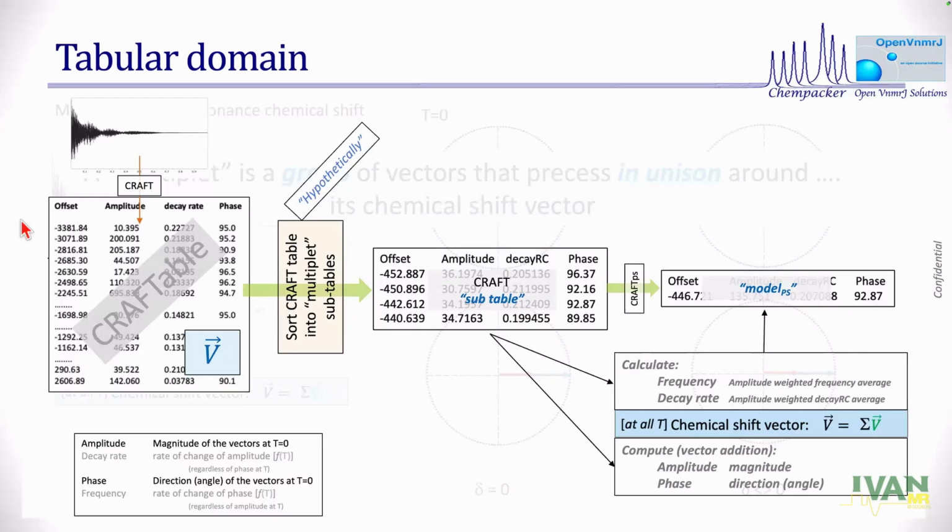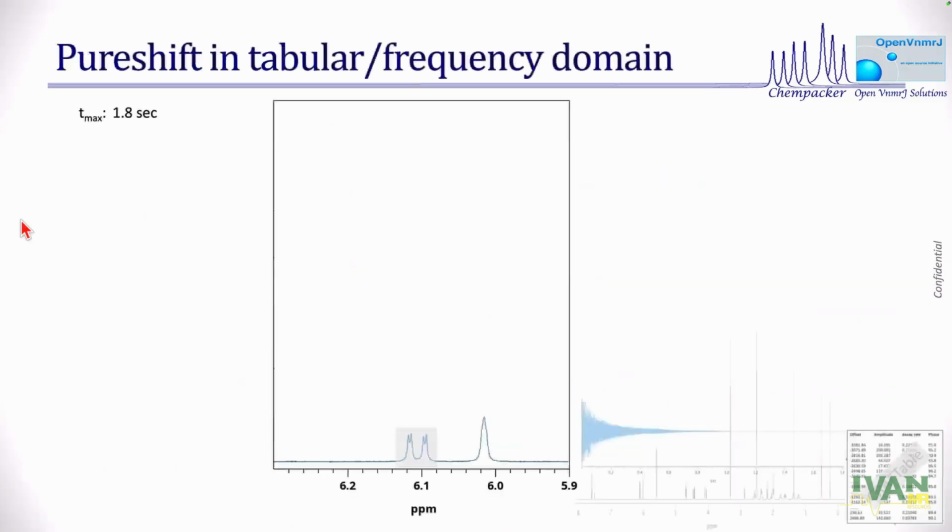And that's what we call the CRAFTps tool. Essentially, it is no more and no less than a Pythagorean theorem based upon taking these vectors and adding them together and finding a hypotenuse and saying that's the chemical shift vector. So the challenge is in that sorting of the table into multiple subtables, then it is downhill.